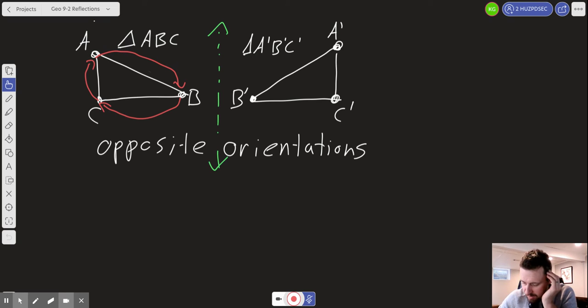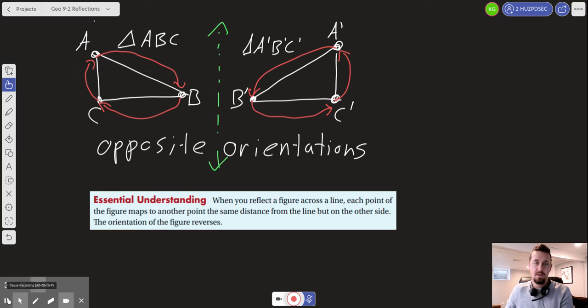And you can see then, if I trace A to B, B to C, and C back to A, here my circles are going in opposite directions.